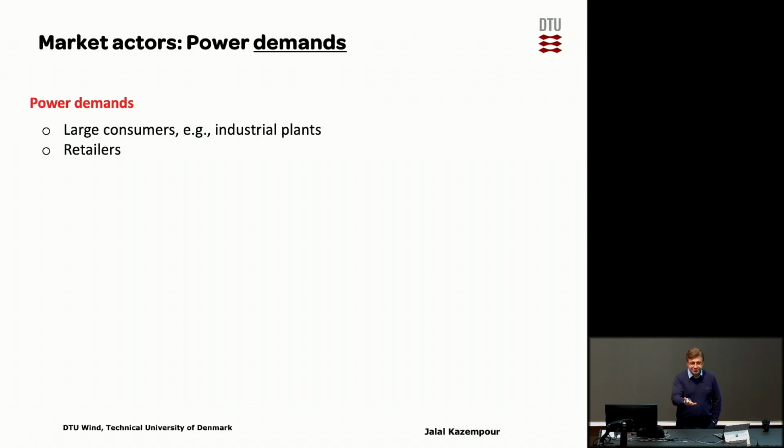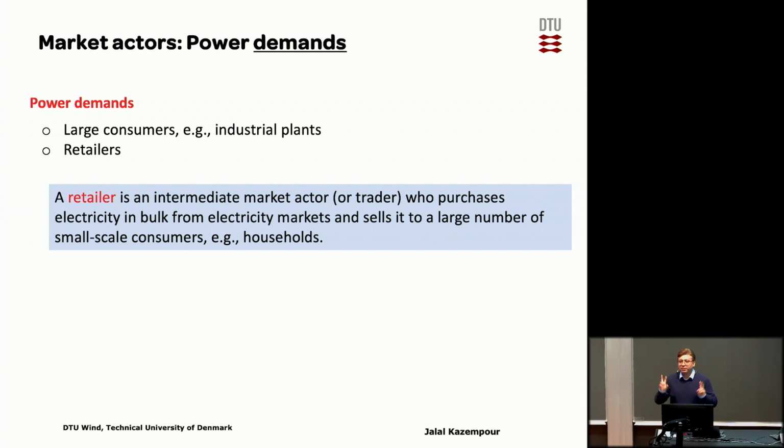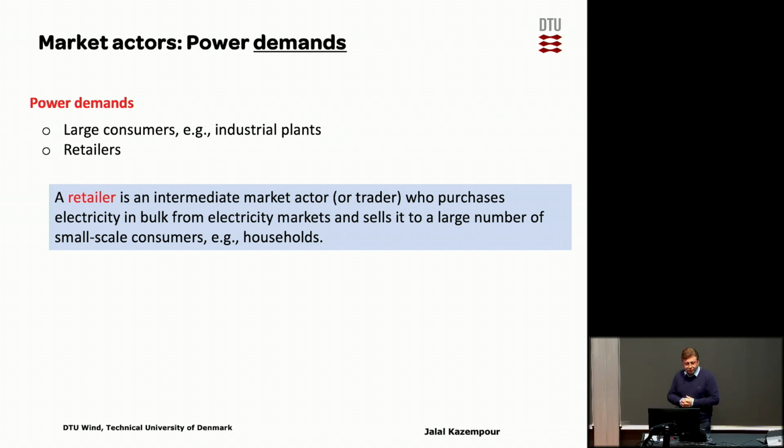They buy it from electricity markets and sell it to who? To consumers such as us. That's true. So a retailer is an intermediate market actor, a middle person, who purchases electricity in bulk from electricity markets and sells it to a large number of small-scale consumers, like households.